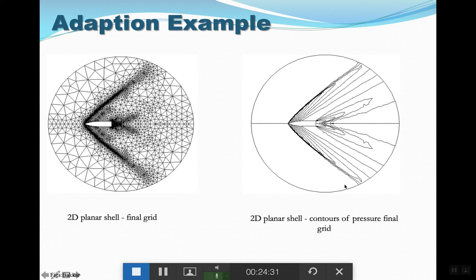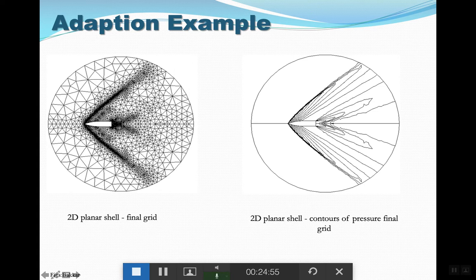But the problem is your bullet is moving. So what are your options? Either make the whole thing very refined to capture that gradient everywhere, but you will probably end up with 100, 200 million cells. Or the other option is, I will refine my cells wherever that gradient exists, and once that gradient passes through, I will coarsen my mesh. That's gradient adaptation.